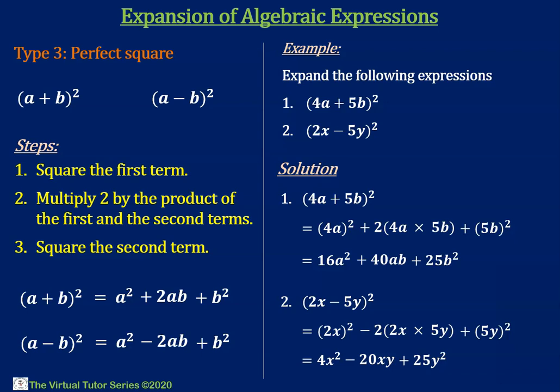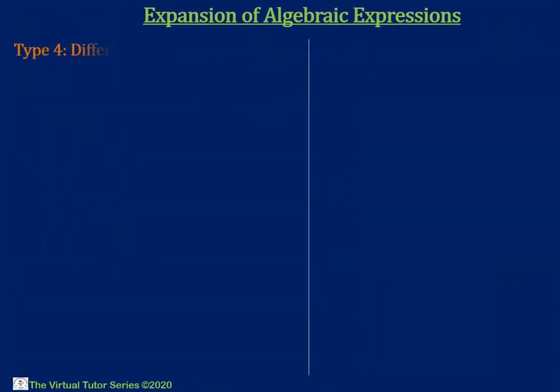Now, let's proceed to expansion type 4. Difference of two squares. In our previous lesson, we learned that the product of two binomials can be expanded by multiplying each of the terms in the first bracket by each of the terms in the second bracket before combining like terms by way of adding or subtracting.